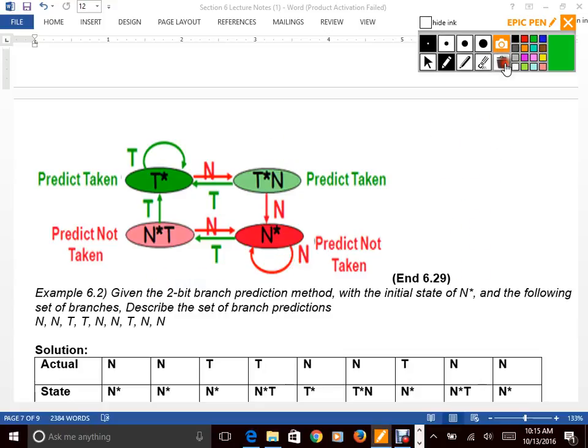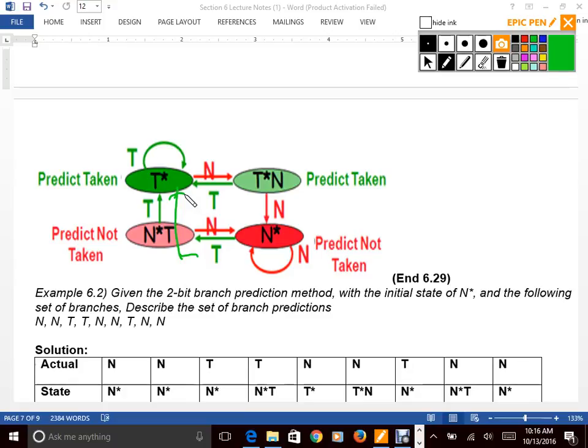So we would start out at the loop with a branch address. If it's 1, 0, well, we're going to predict taken. So that's how you use that static and dynamic branch prediction to calculate what's going on. So in this case, let's say we guess wrong again and it's taken twice. Well, then we go here.